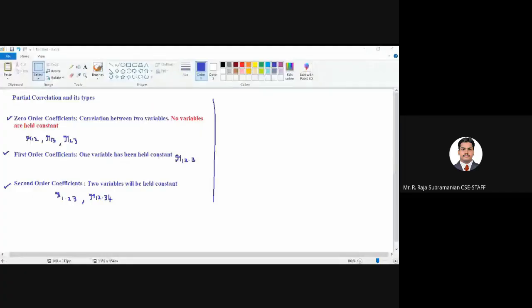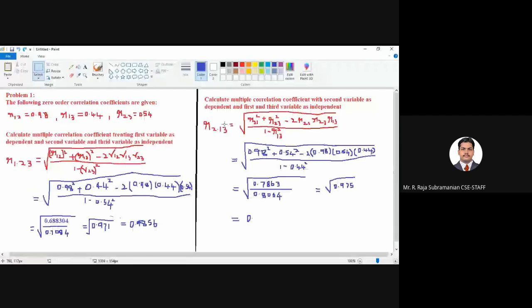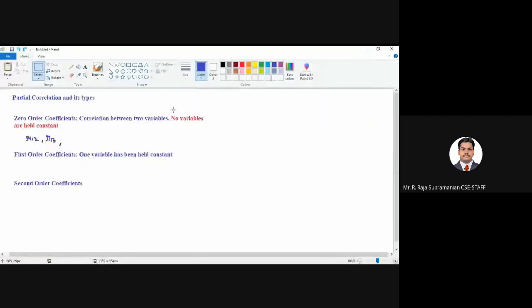Initially we had R12 equal to summation of x1 x2 divided by the square root of summation x1 squared into summation x2 squared. Those values will be given. If the R12 value is not given, then the summation values will be given.